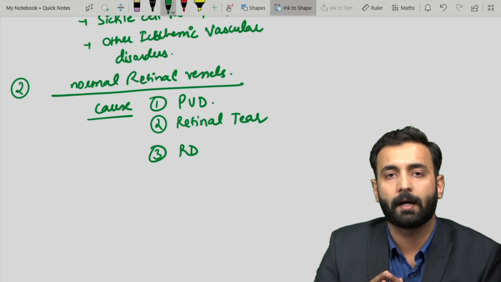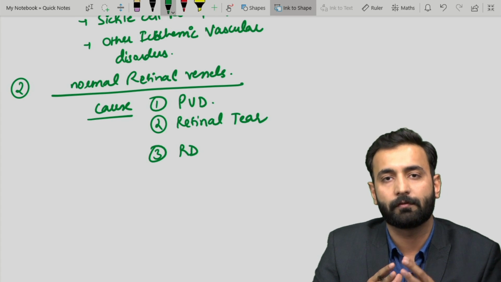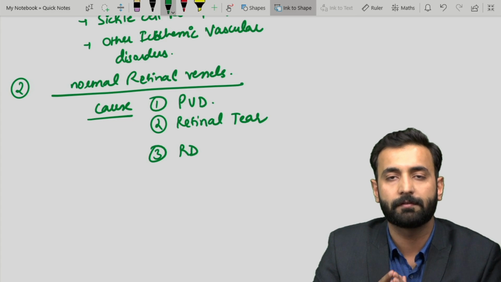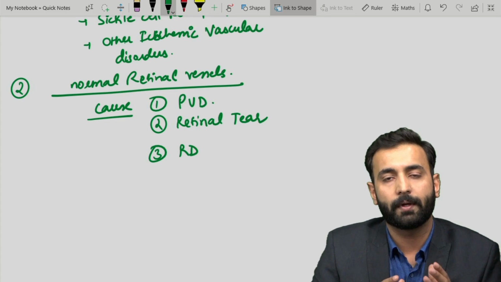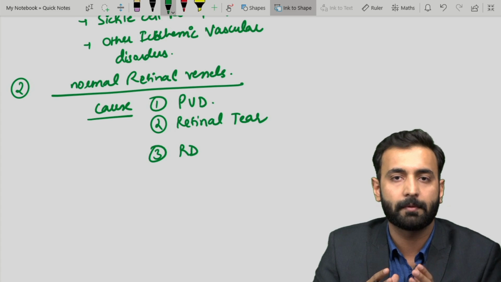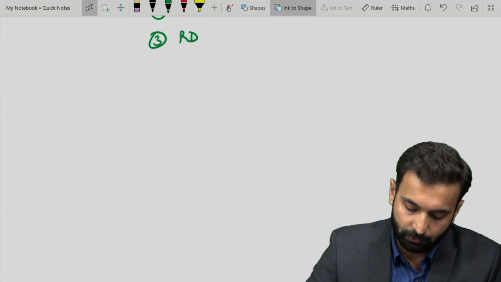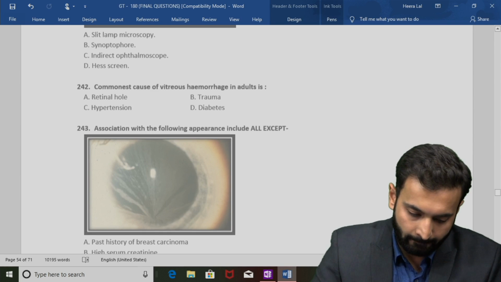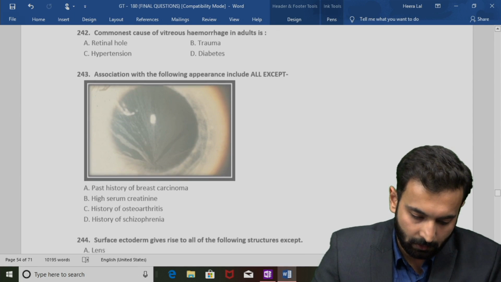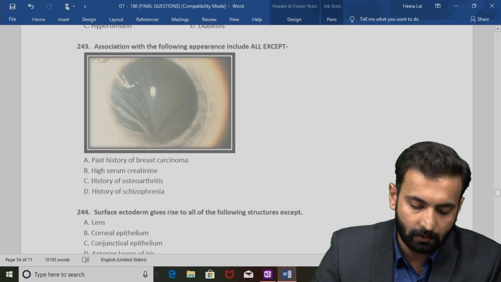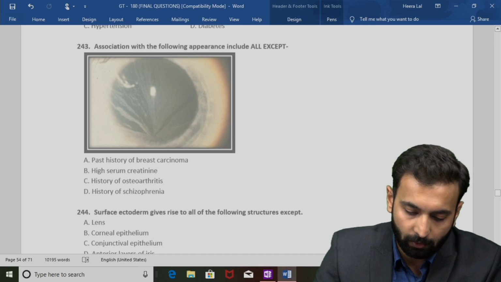you should keep in mind that the most common cause of vitreous hemorrhage in adults is proliferative diabetic retinopathy, whereas the most common cause of vitreous hemorrhage in children is trauma. So, let us discuss the next question. Coming to the next question, association with the following appearance include all except.